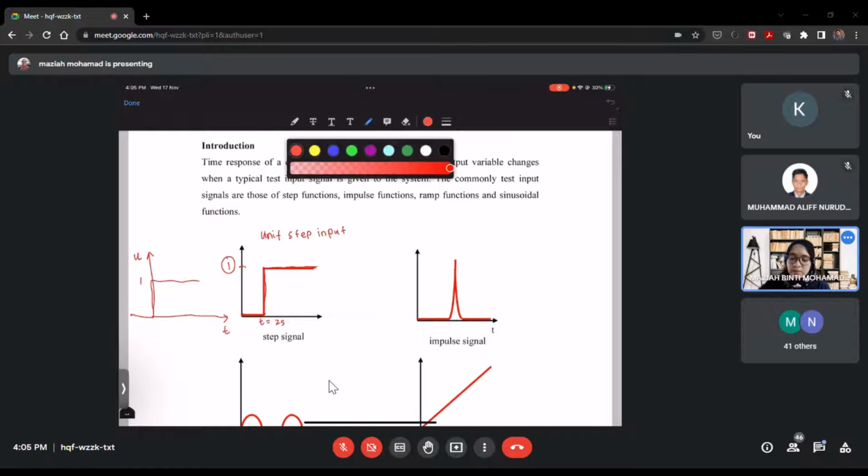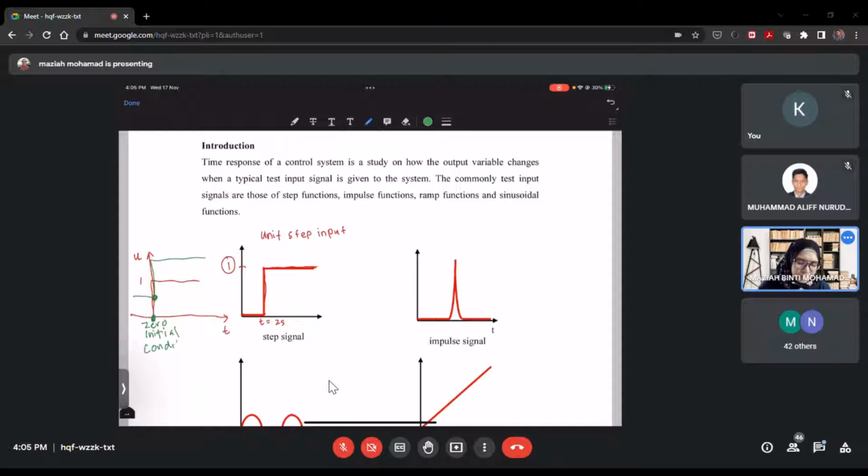Or something like this. The shape is step, so it is a step input, but the initial point is not 0. For this one, zero initial condition, it starts at 0.